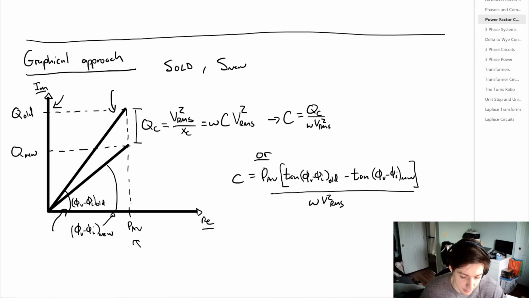Now we wanted to keep the average power the same, but we wanted to change Q. So if we plot our new S, or new complex power, we get this second line here, where now we have Q new and our new power factor angle. So what you get is a difference in Q, like we calculated before.